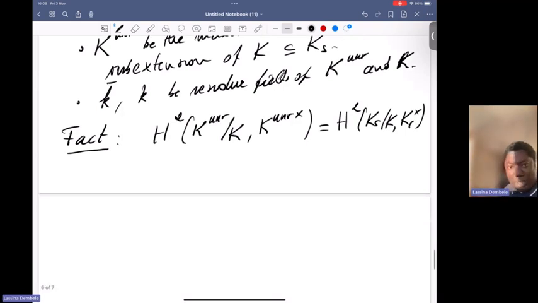And then what one does from there is to use the fact that we have this normalized valuation.